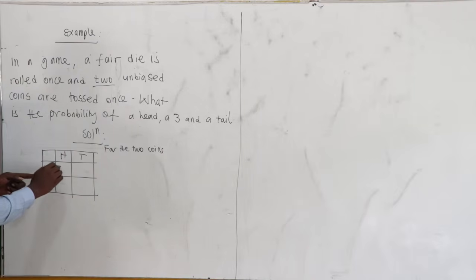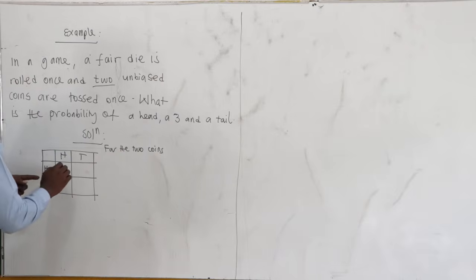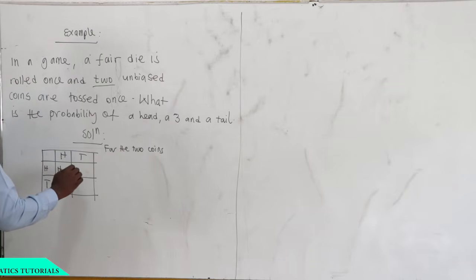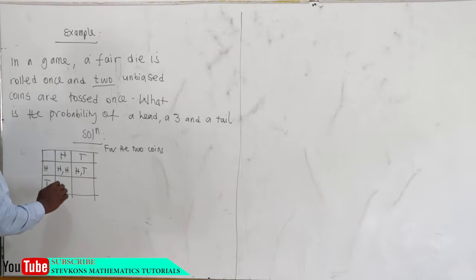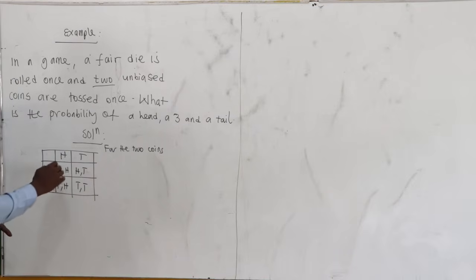The possible events are either HH, HT, TH, and then TT. So these would be the possible events.